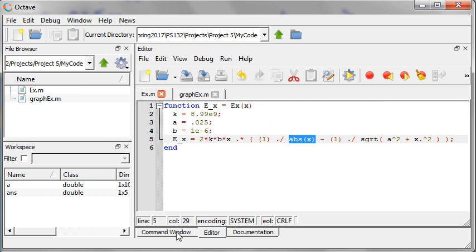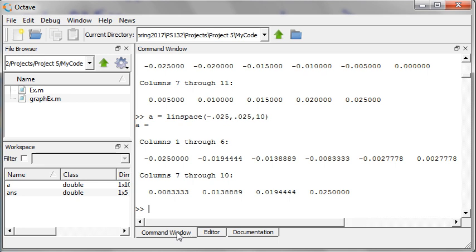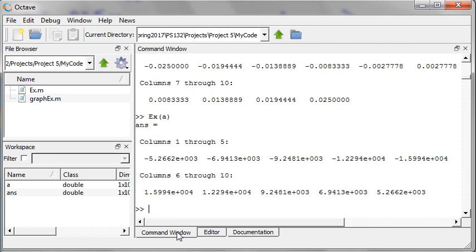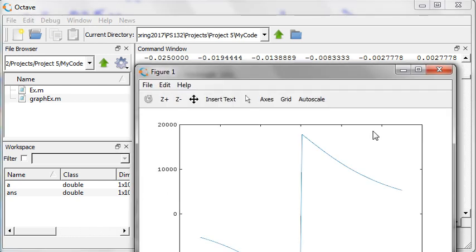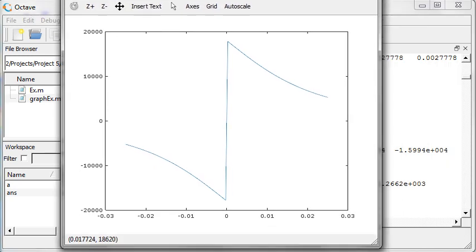Make sure I got all the semicolons. And say when I was running that, did it print out? It just printed out the answer, so I think it should be good. So let's try graph EX. Open, close, and I get a graph.